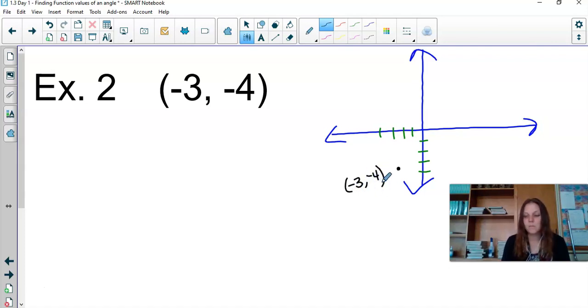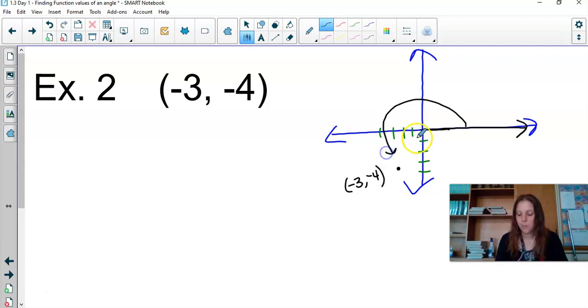What that really means is that I have an angle here that begins at this initial side and rotates around until I hit that point, which is right here. Okay, so this is a big angle that rotates around here.